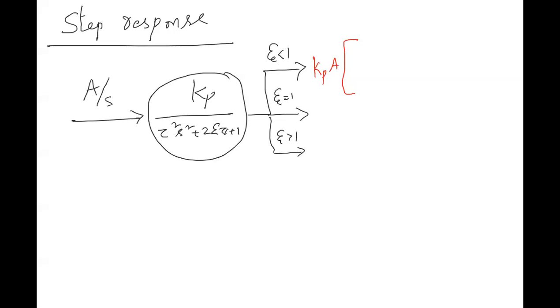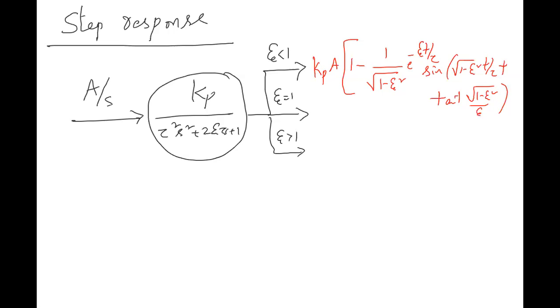Kp into A times 1 minus... So these are in one color brackets.